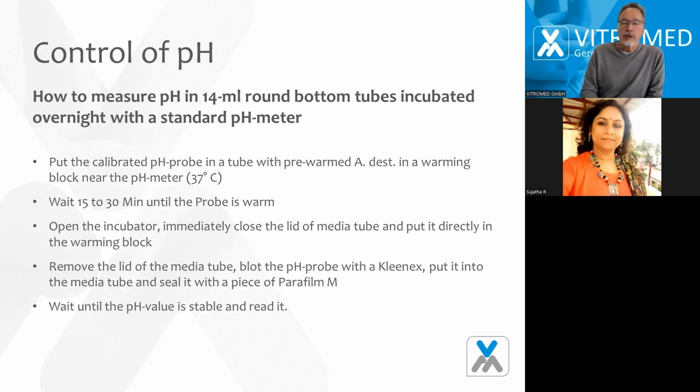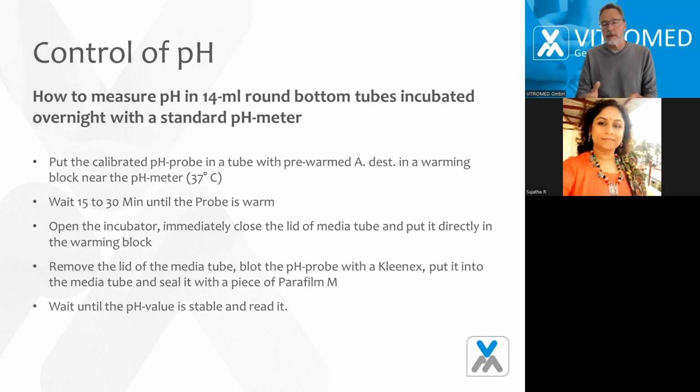Okay, to measure the sample, take your sample out of the incubator, immediately close the lid of this media tube and put it directly in the warming block. Then remove the lid of the media tube, blot the pH probe with a Kleenex, put it in the media tube and seal it with a piece of parafilm.